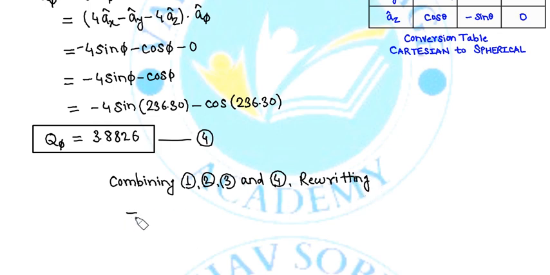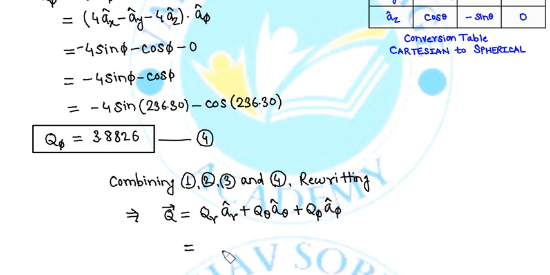It will lead to: we have the vector q equal to q r ar cap plus q theta a theta cap plus q phi a phi cap.